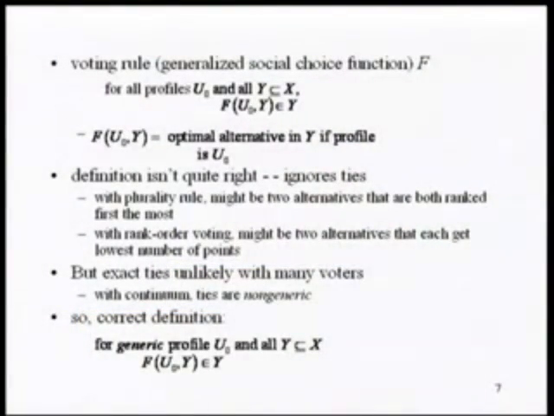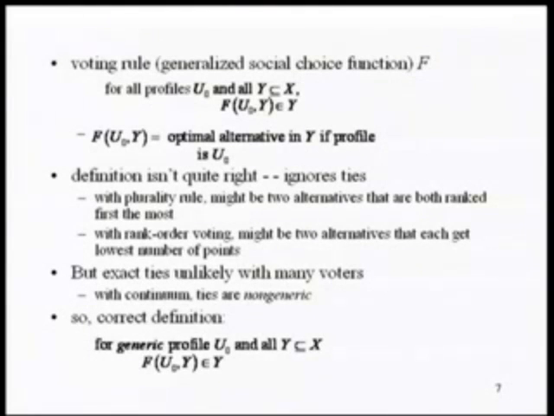So the correct definition is that the voting rule should choose a single winner generically. And as John pointed out, a lot of the other conditions that we're imposing here could be expressed generically rather than always.